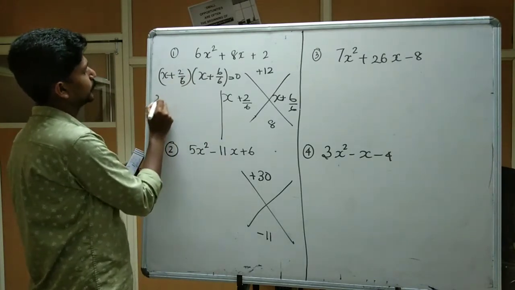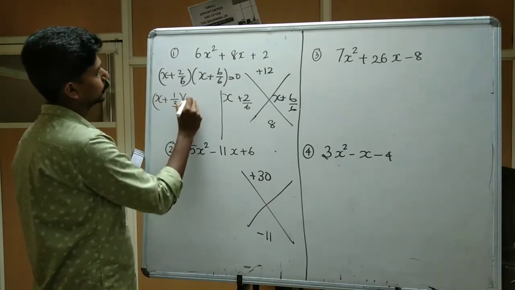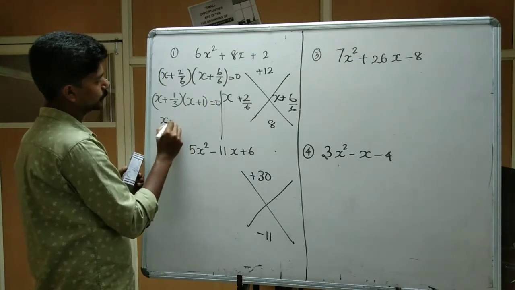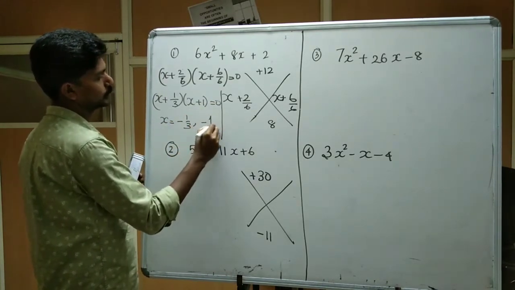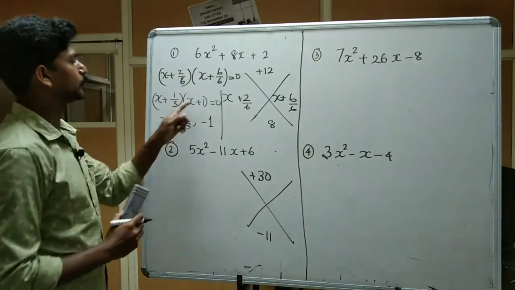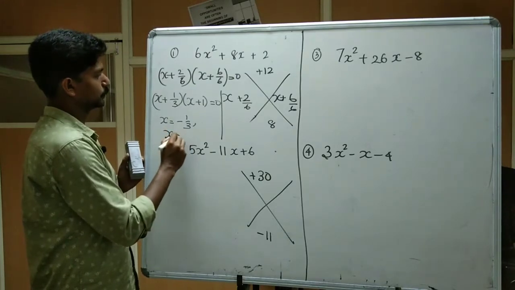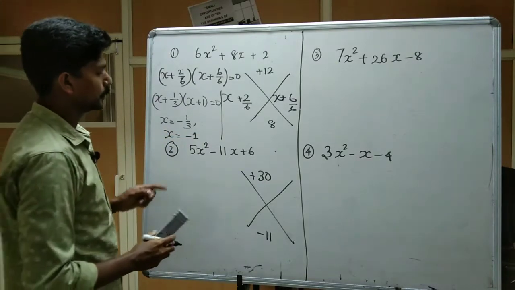We can simplify: x plus 1 by 3 into x plus 1 is equal to 0. So x is equal to minus 1 by 3 or x is equal to minus 1. So these are the two zeros.